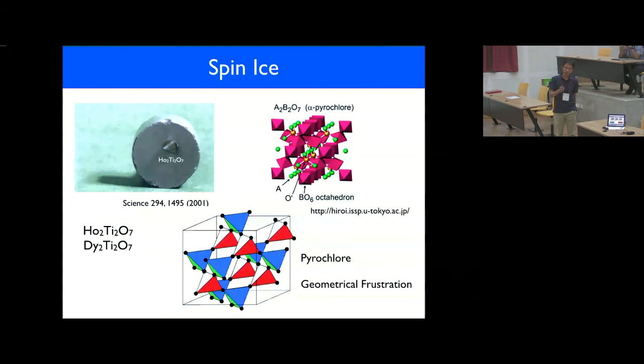The holmium and dysprosium ions are the magnetic ions, and these rare-earth ions have a large moment, about 10 Bohr magnetons. It's huge. The moments live on this pyrochlore lattice, and this is a class of materials which has geometrical frustration.